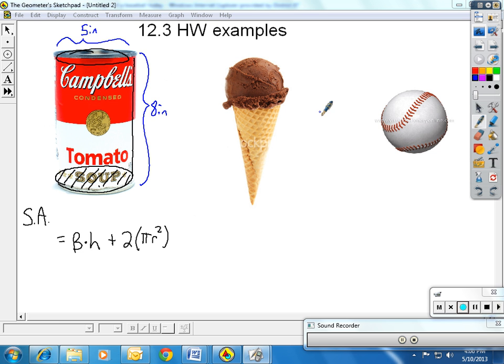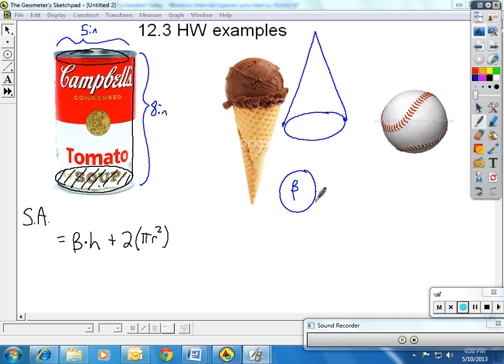If I take a cone, I'll draw it like this, and I peel the waffle off of it, I'm left with a circle, and that is the base. And we're familiar with the base.